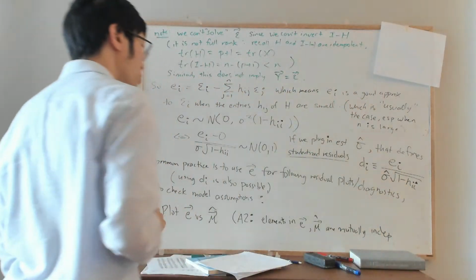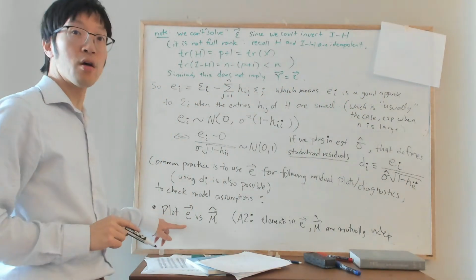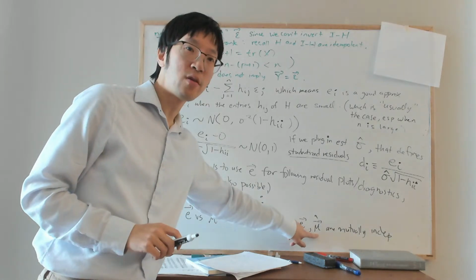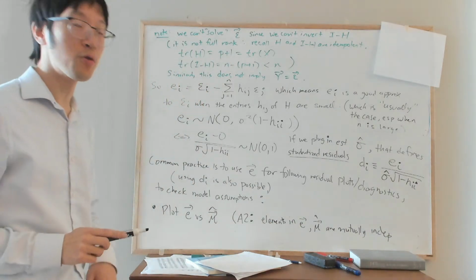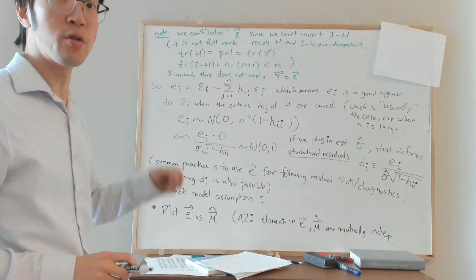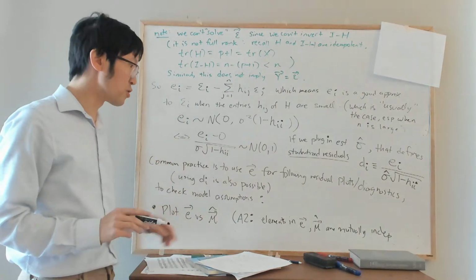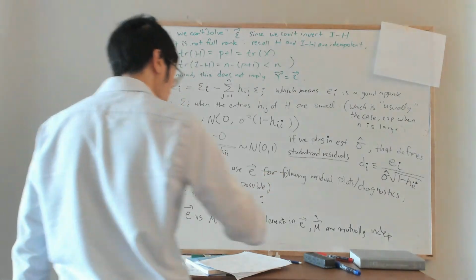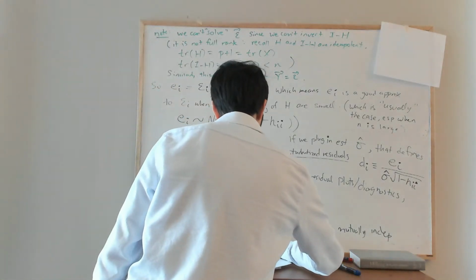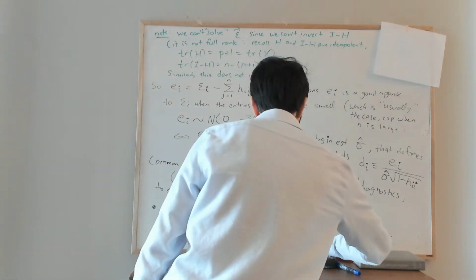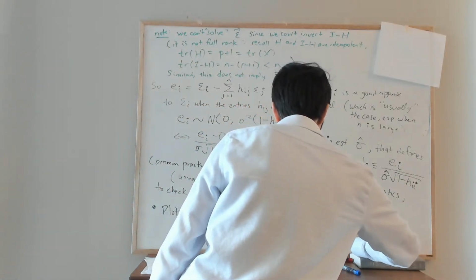Why are they mutually independent? Because the covariance between any epsilon i and any mu hat j, you would have shown, is 0. And since they are part of a joint multivariate normal distribution with covariance 0, that means they are independent.